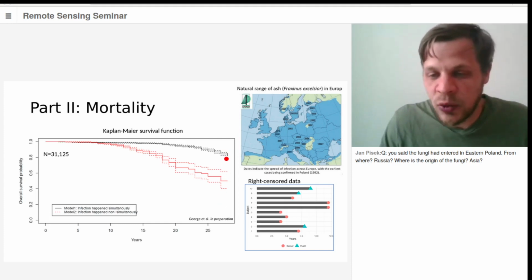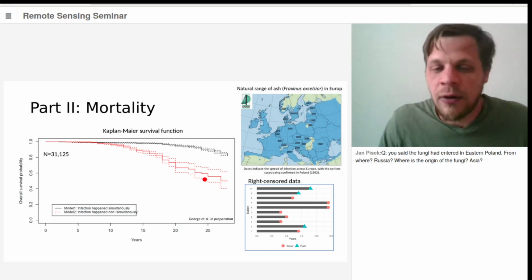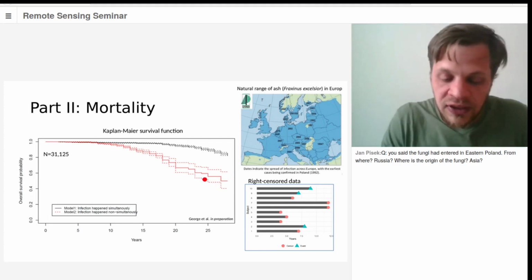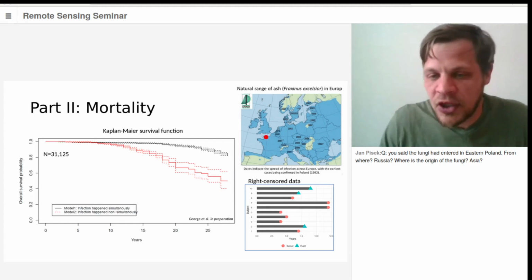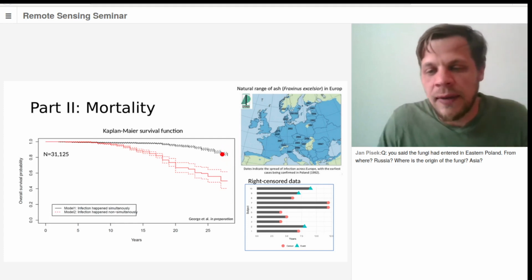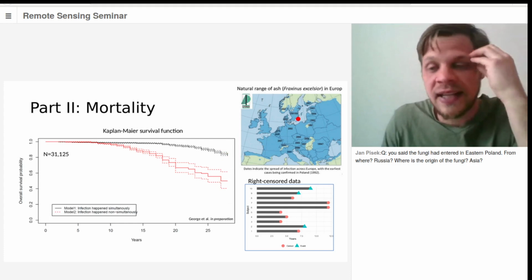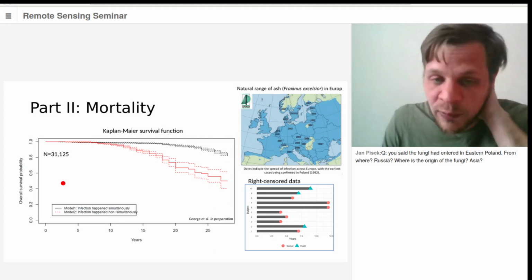So you see, after 28 years of infection, under the hypothesis that the fungi needed some time in order to get to the Western countries, of course, the survival time is much lower because they were infected much later. I'm just showing this to demonstrate that these kinds of data need to be taken into account as well, because otherwise you end up with a very biased survival probability.